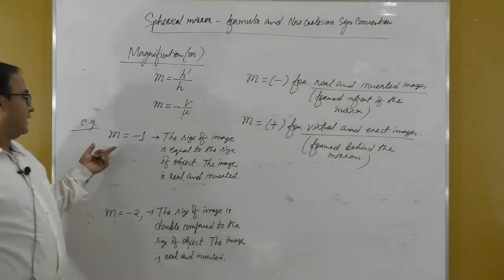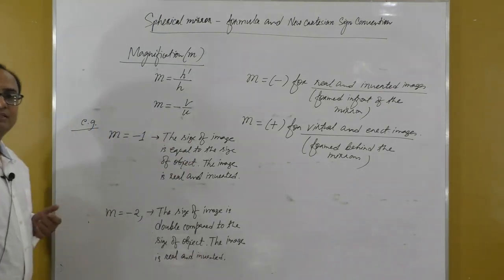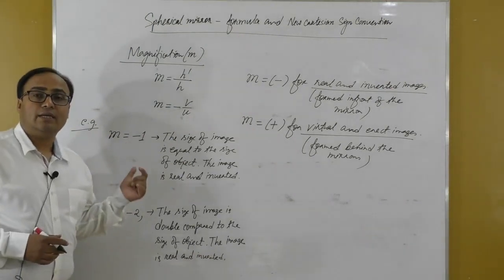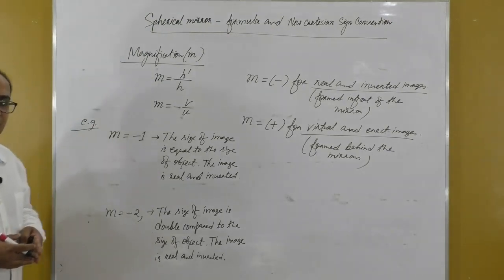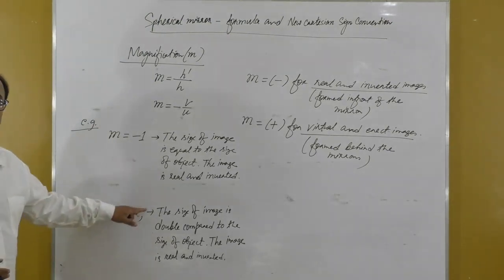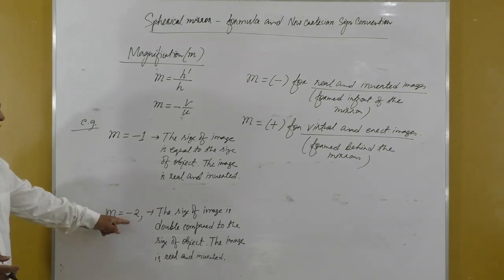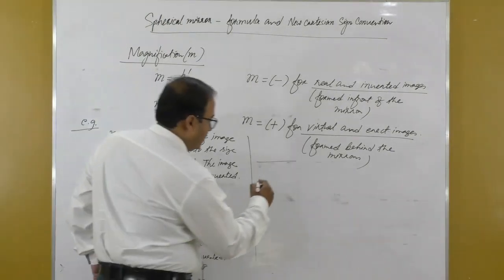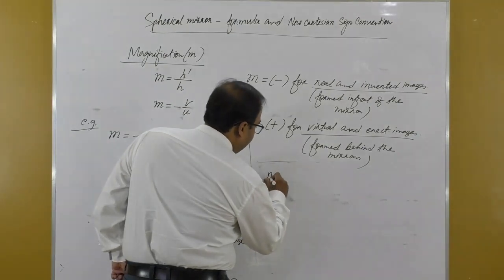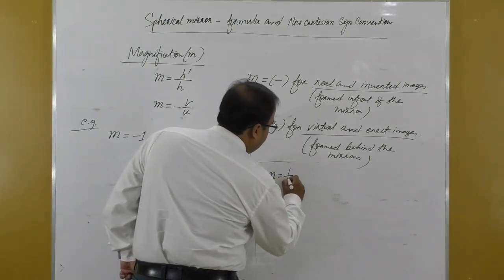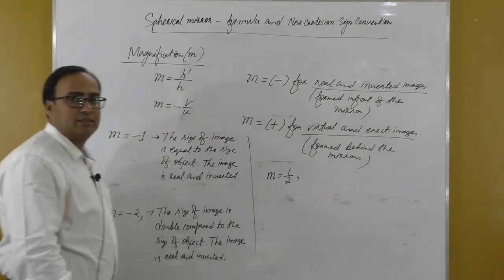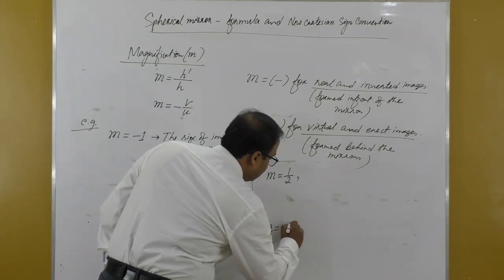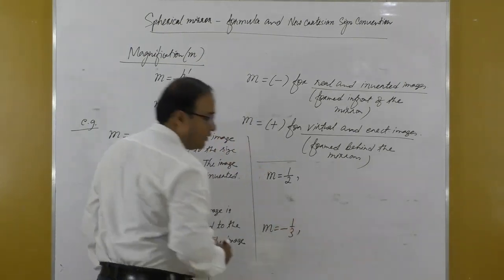So अगर आपको पूछा जाए m equals to -1, what do you mean by this? This minus sign indicates real inverted image, and 1 indicates the size of image is equal to the size of object. Here 2 indicates the size of image is double to the size of object, and minus sign indicates the image is real and inverted. अगर आपको बोला जाए m is equals to 1/2, what do you mean by this? या फिर आपको पूछा जाए m is equals to -1/3, what do you mean by this?